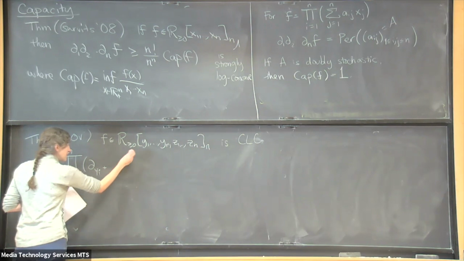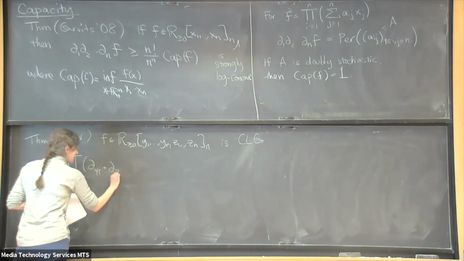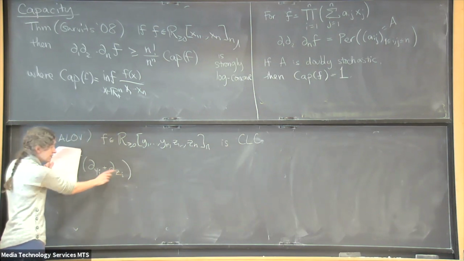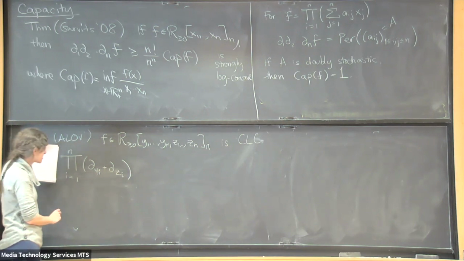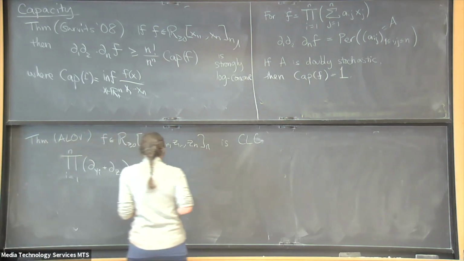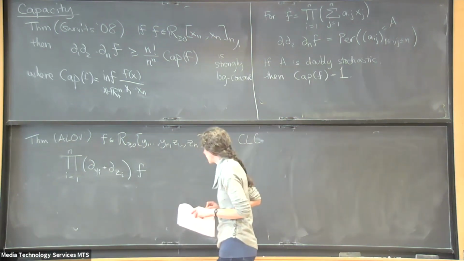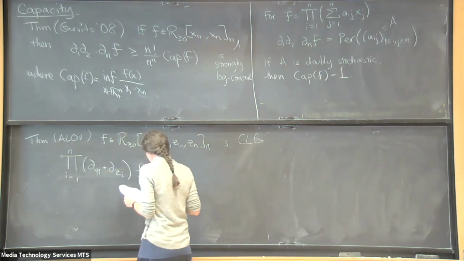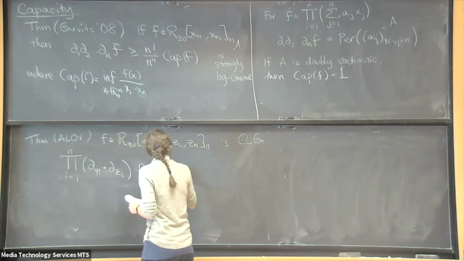For every index i from 1 through n, you apply the linear differential operator: take the derivative with respect to y_i and add it to the derivative with respect to z_i. You apply this for all i equals 1 through n to f. One can show that this is lower bounded by something.